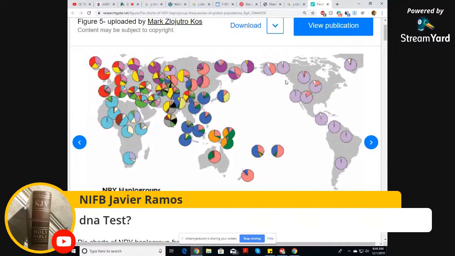Same with the Americas. So whatever, that's the way a lot of indigenous American people are semi-oriental looking or oriental because they were influenced by the autosomal DNA when going this way.